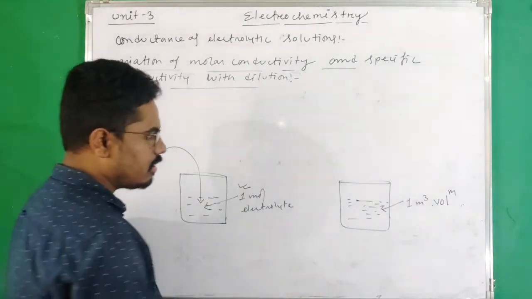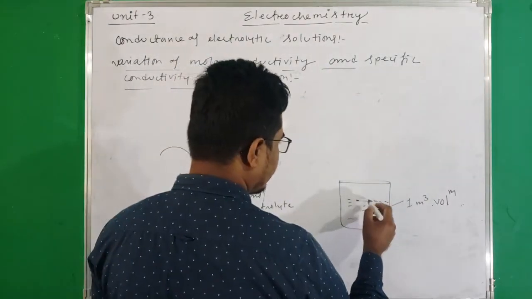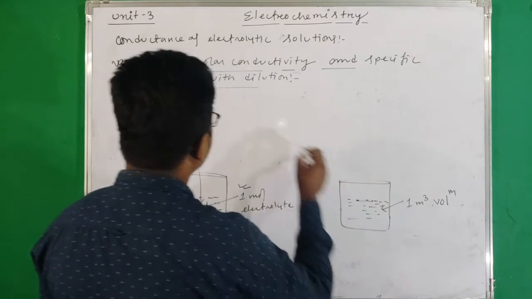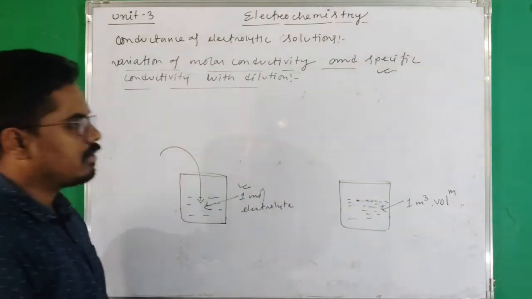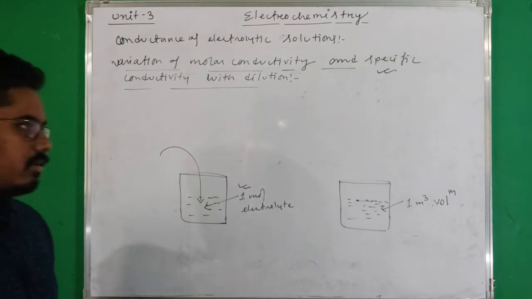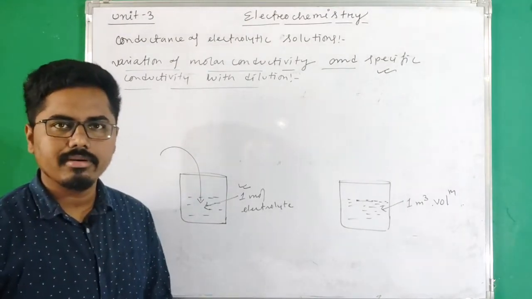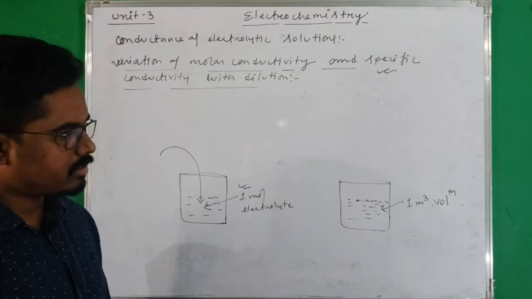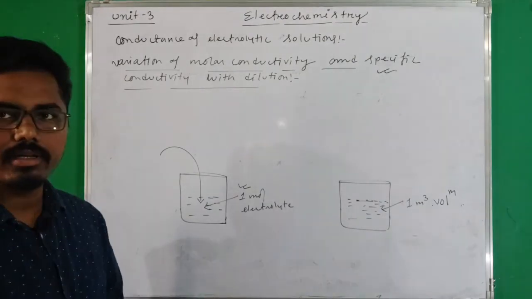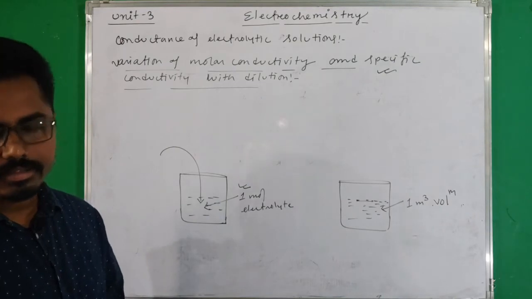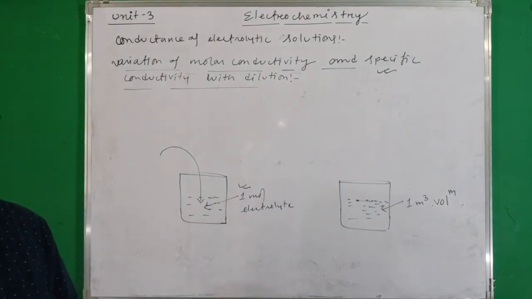So the amount of electrolyte will decrease, and hence the specific conductivity always decreases with dilution. Always remember that the molar conductivity of an electrolytic solution always increases with dilution, and the specific conductivity always decreases with dilution.